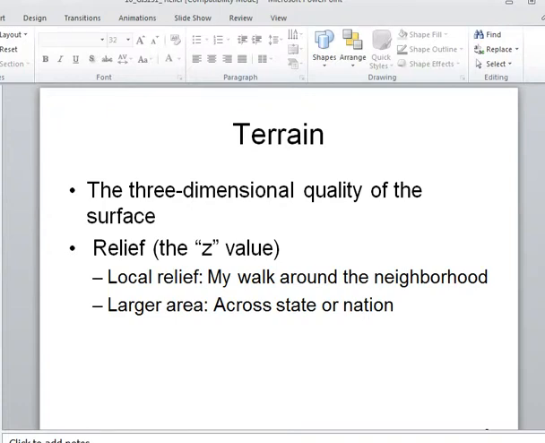If I'm talking about the nation, it's Mount McKinley? I don't know. Is it Denali? Oh, okay. Denali. Yeah, so Mount Denali and Death Valley would be kind of the relief in the U.S., kind of the highest and the lowest point, right?